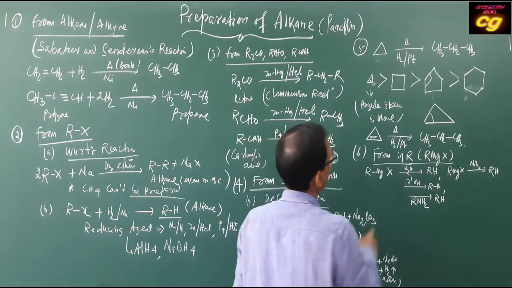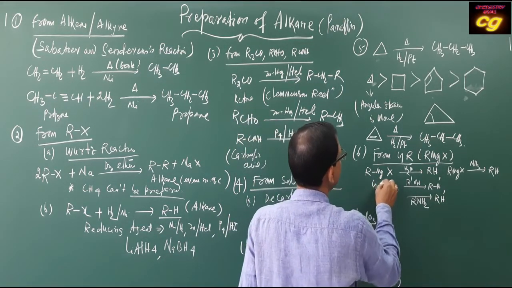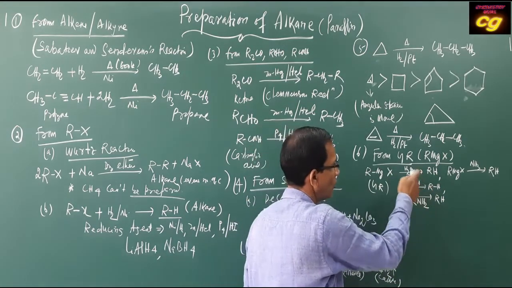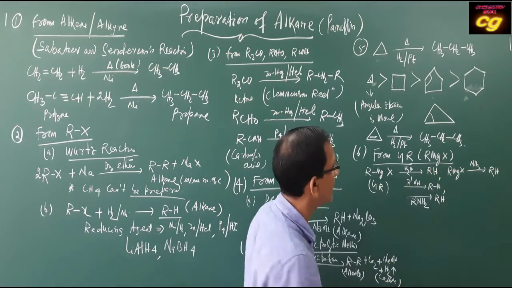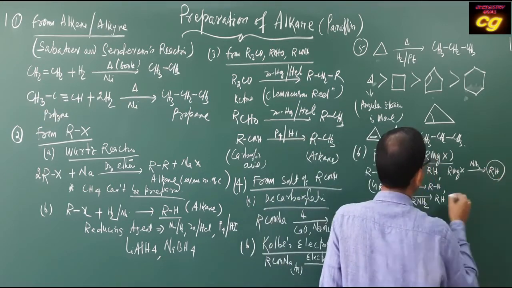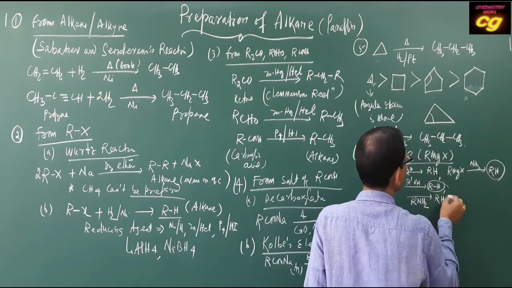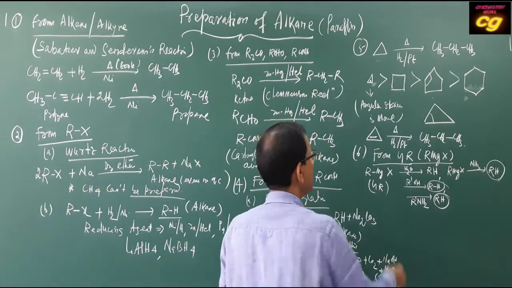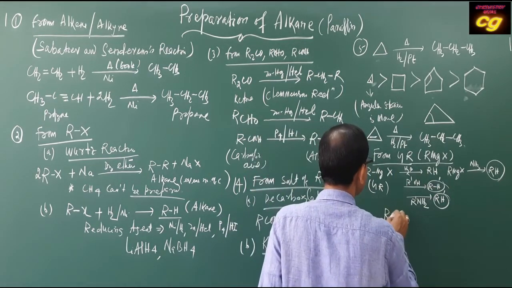So Grignard's reagent reacts with water, alcohol, amine, ammonia, forming alkane. In all cases it produces alkane.